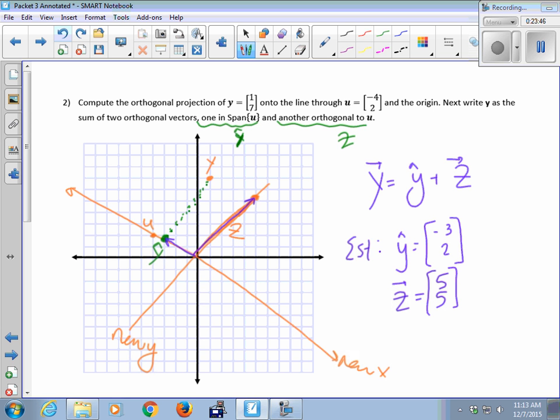So our estimate based on the picture is pretty close. And if I dot product them, do I get 0? No, I get negative 15 plus 10. I get negative 5, so they're not orthogonal either. But that's because this is a terrible picture. I'm terrible at drawing these things. So I'm going to do all the calculations and figure out what y hat and z really have to be.